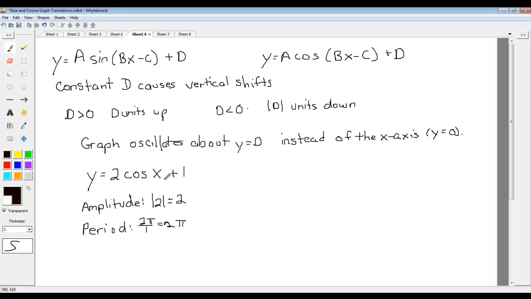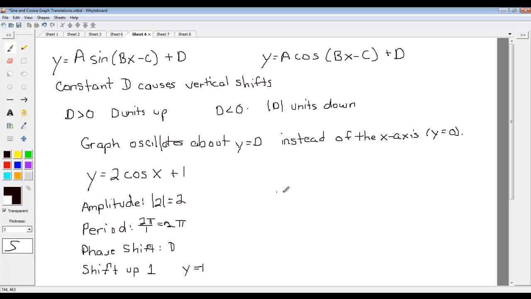So b is 1, c is 0. So the period's the usual typical 2 pi, and then the phase shift is 0 because there's no c there. But the plus 1 tells us that we have to shift up 1. So it's going to oscillate around y equals 1 when we graph it.